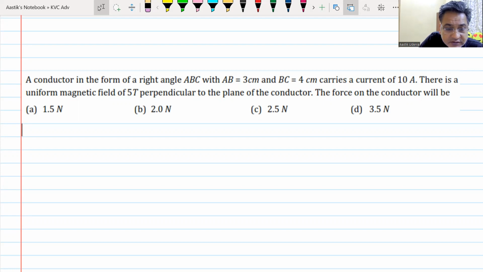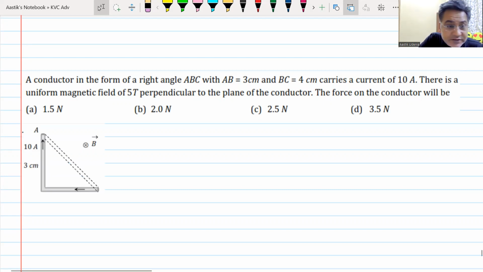Diagram is not given, and I don't have time for you to waste, so I'll show you the diagram. The diagram looks like this. One side is 3 centimeter, the other side is 4 centimeter. You have to find out the force on the wire.